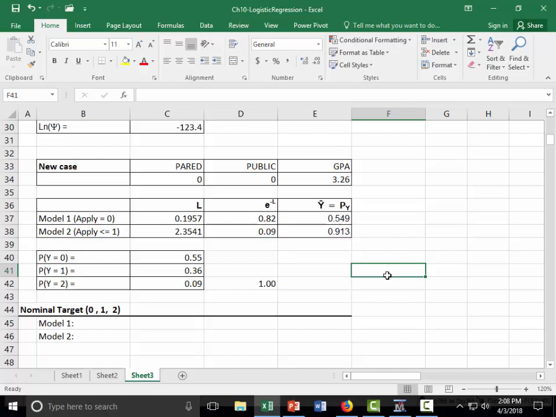Less than or equal to the second value will cover the second value and the first value. And then another model, and keep going. You need one less model than the number of possible values. Then each of the models will give you a cumulative probability, so you have to find the difference for the individual values. So any number of values for the class target will work in this process.